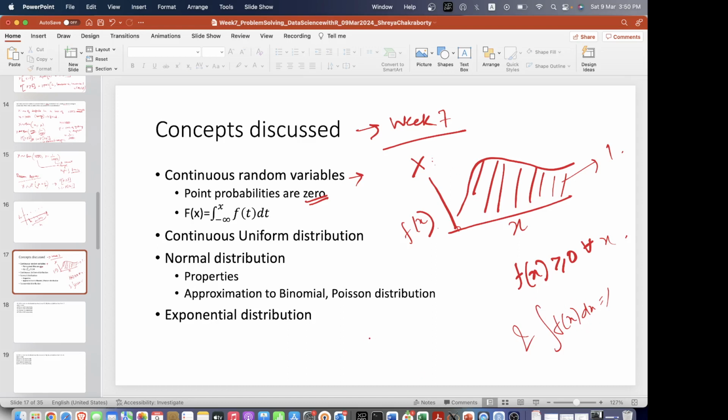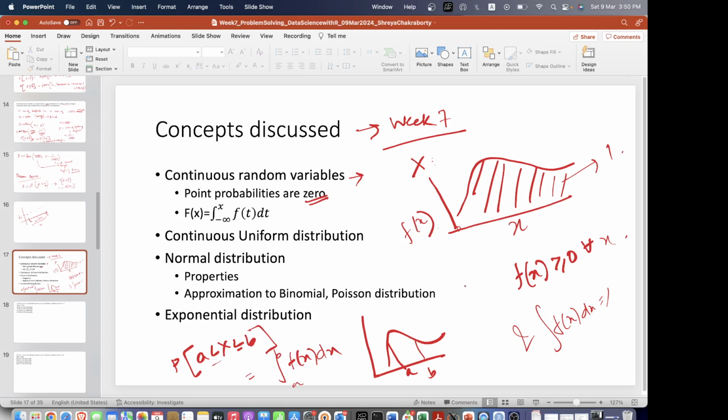Let's say this is my distribution function, and from a to b, I want to find the probability a less than x less than b. I'll be able to find it as the integral of fx dx from a to b. Essentially I am finding the area under this curve between points a and b.